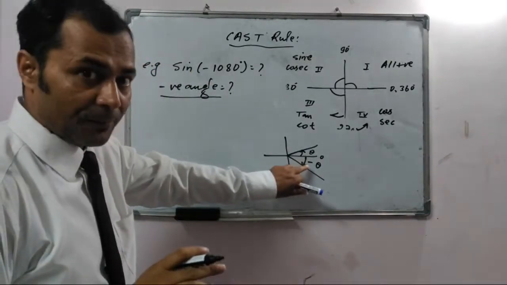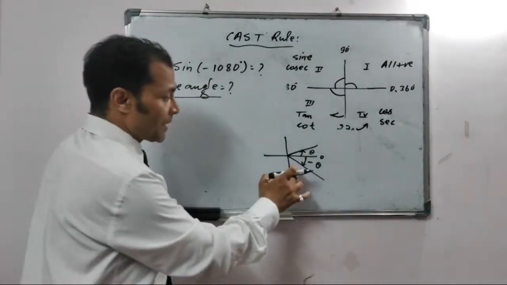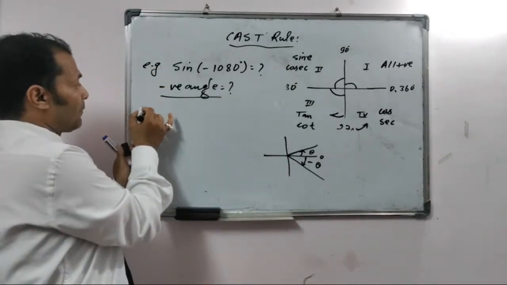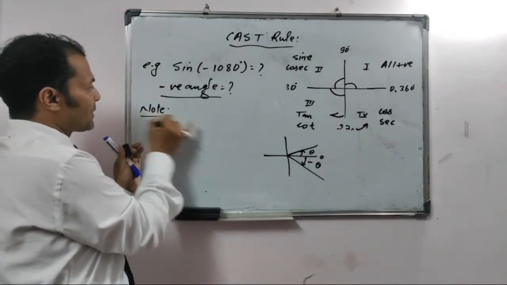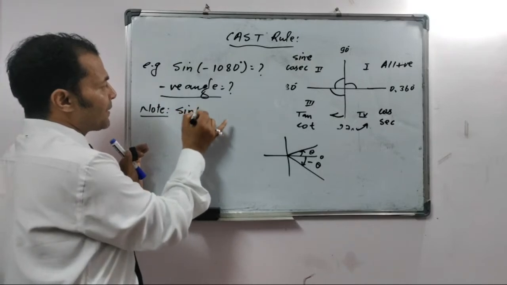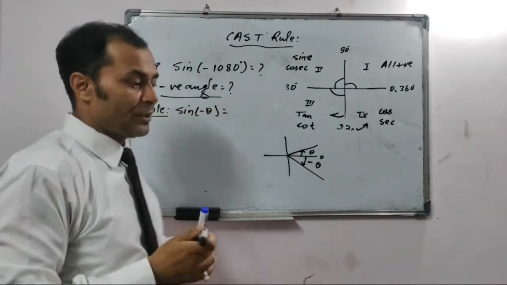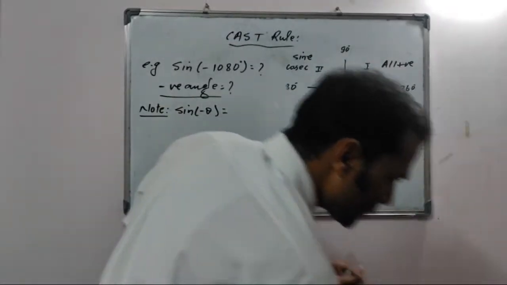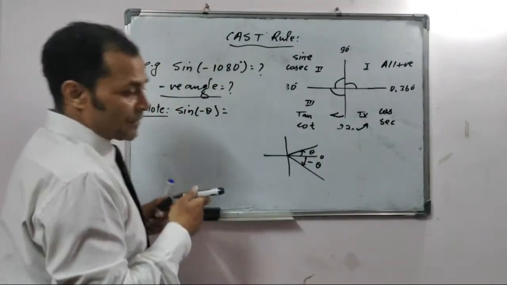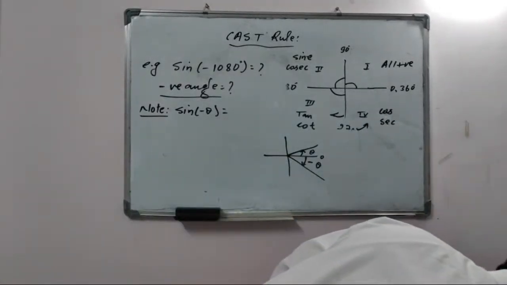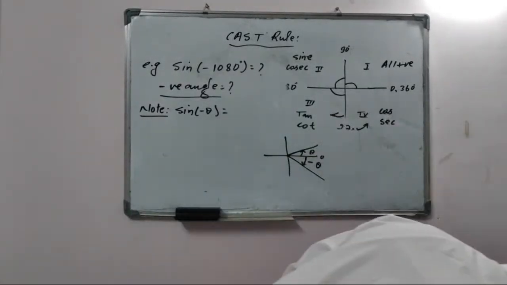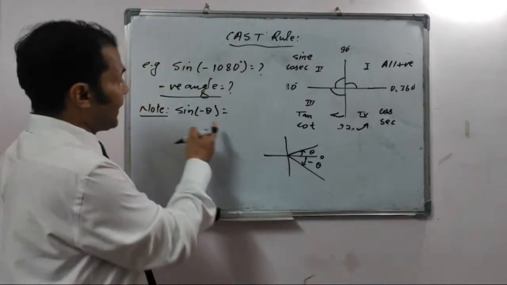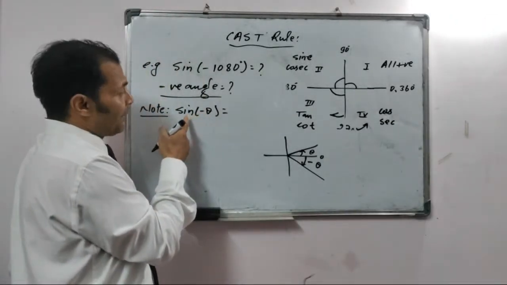Alright? In such a case, I'll give you one simple technique. Sine minus theta. Tell me guys, what will be the value of sine minus theta? Come on. Okay, look here.